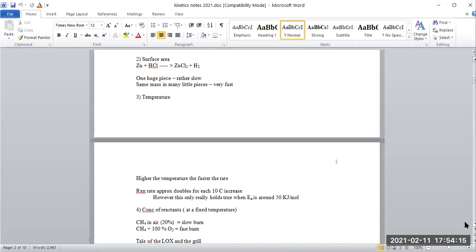Now note your constraint here. We have an Ea, known as activation energy, and we'll come back to that later, needs to be not real huge.